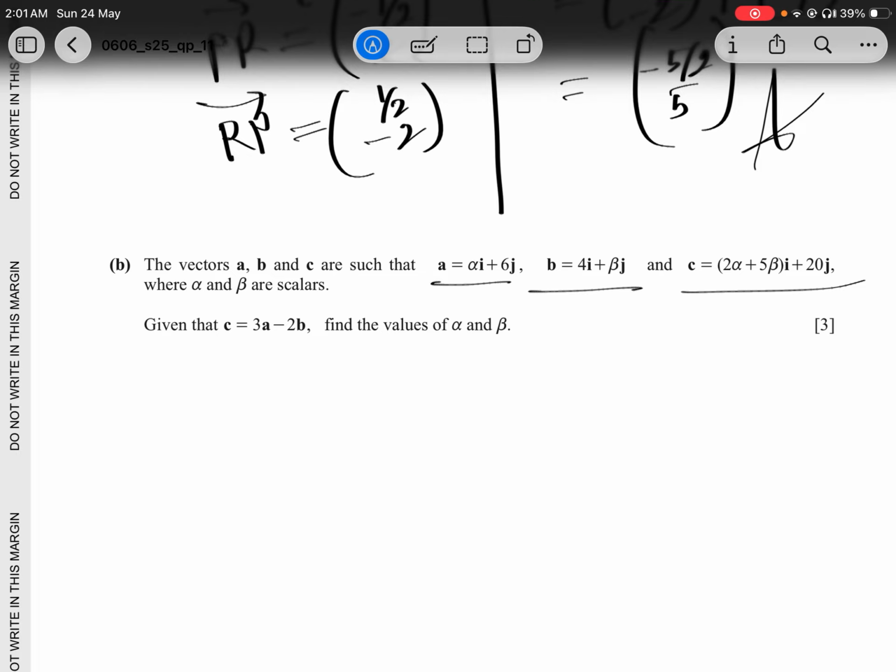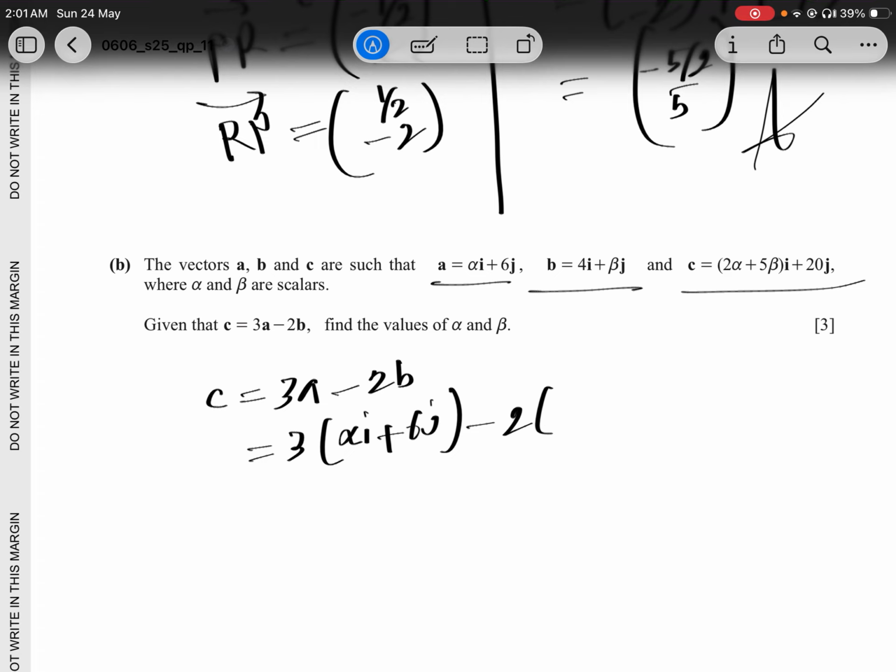Okay, so the condition is C is equal to thrice A minus twice B, right? So 3 times A, which is alpha I plus 6 of J, minus 2 times, sorry, B, which is 4 of I plus beta of J.